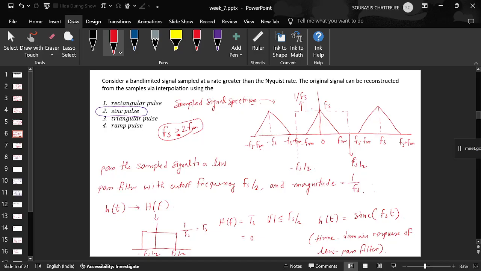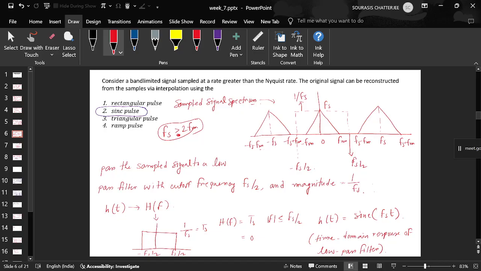And of course we are going to apply an amplitude. The low pass filter has an amplitude of 1 over Fs to balance the scaling factor that is introduced by sampling, that is Fs. The low pass filter has the amplitude of 1 over Fs, so they will basically cancel out, and you'll get the original message spectrum here.